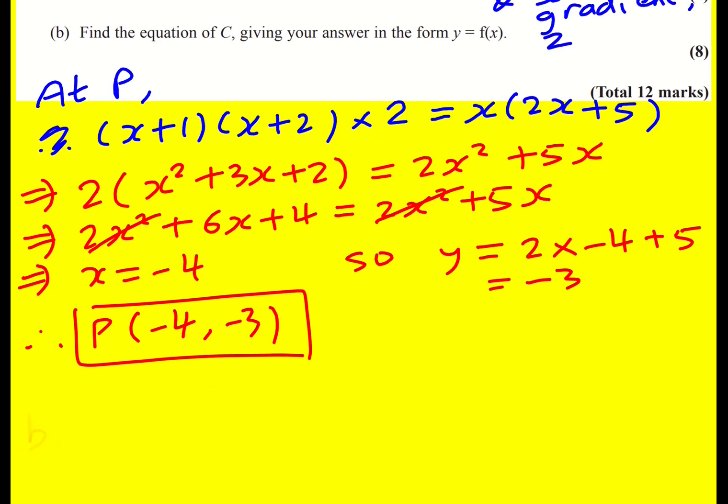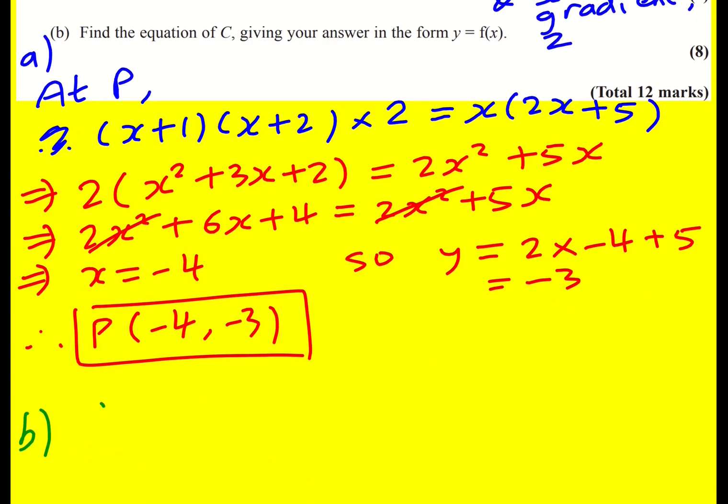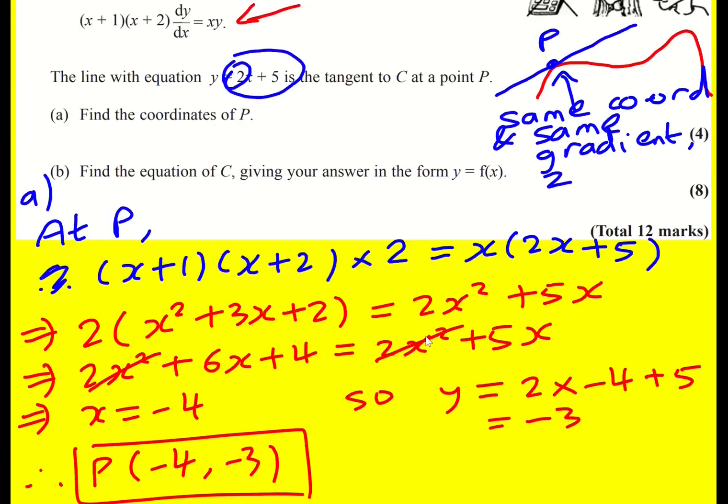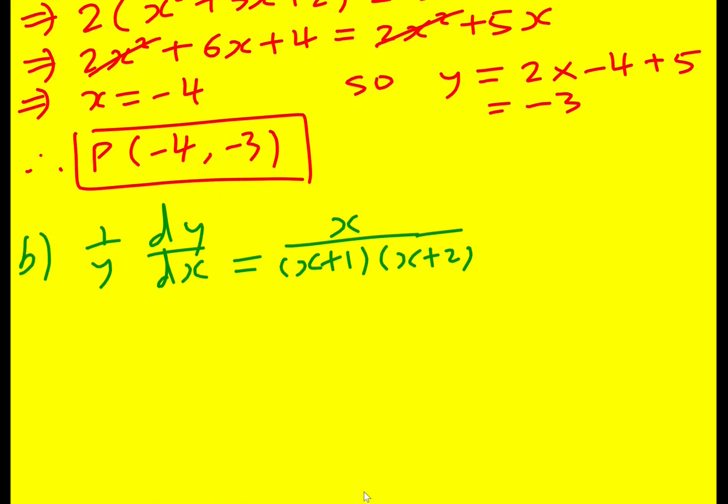So sorry, that was part A. Okay, part B. Now I'm going to divide through by y, so it's going to become 1 over y dy by dx equals x over that double bracket x plus 1, x plus 2. Now I can integrate with respect to x.